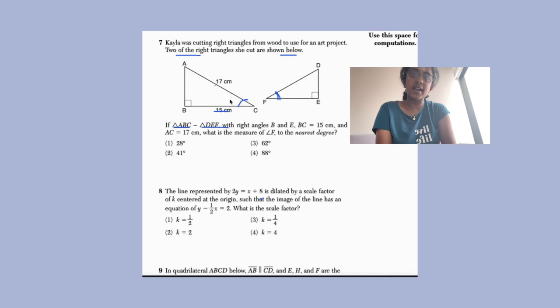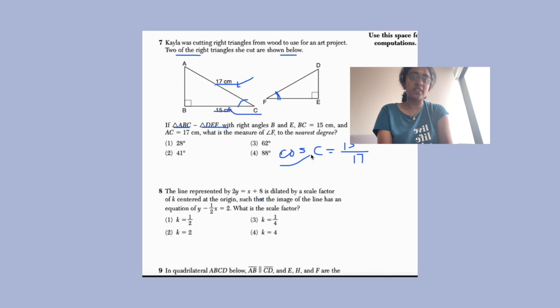The adjacent side and the hypotenuse. What relationship of an angle is adjacent over hypotenuse? Cosine is adjacent over hypotenuse. Take the side that's adjacent, set it over the hypotenuse. So we have cosine of C equals 15 over 17.